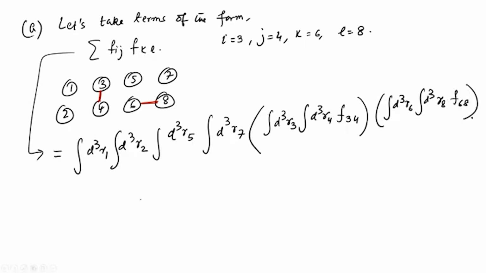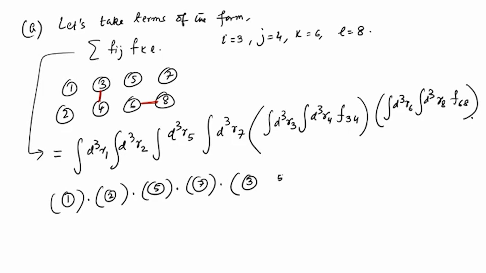These are the terms that we have for this, and symbolically they can also be shown as a dot with 2, a dot with 5, a dot with 7, and then 3 and 4, and 6 and 8 have a connection, which we can write here as a red line and so on. So, this term is factorized as above.